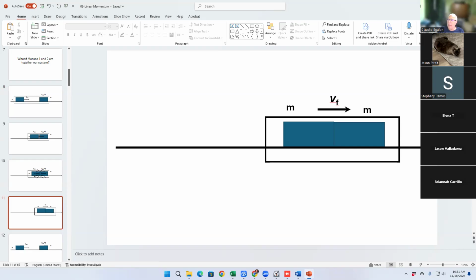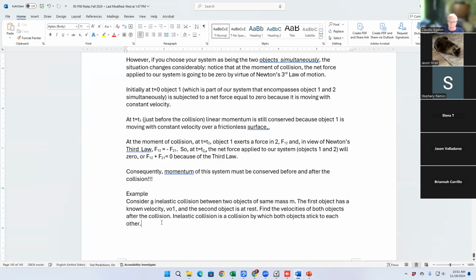You may duplicate an inelastic collision in real life by attaching a piece of Velcro to each object.